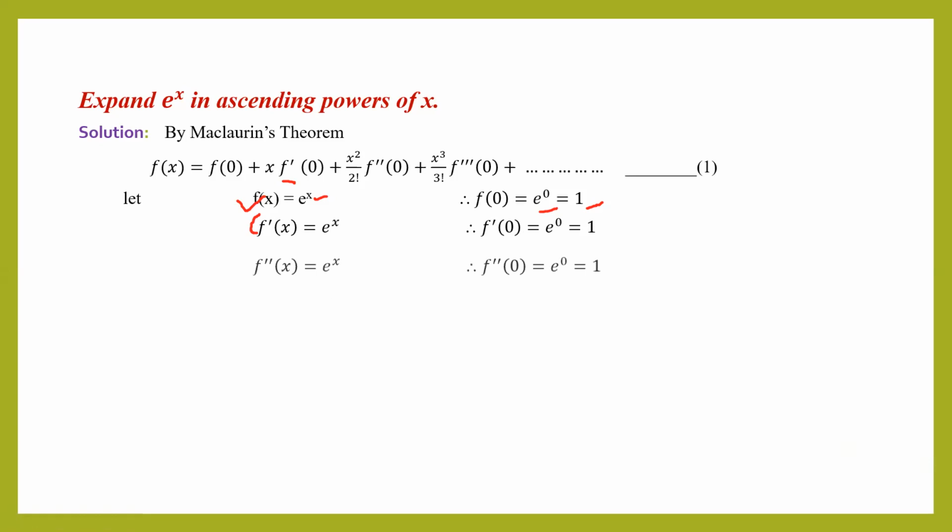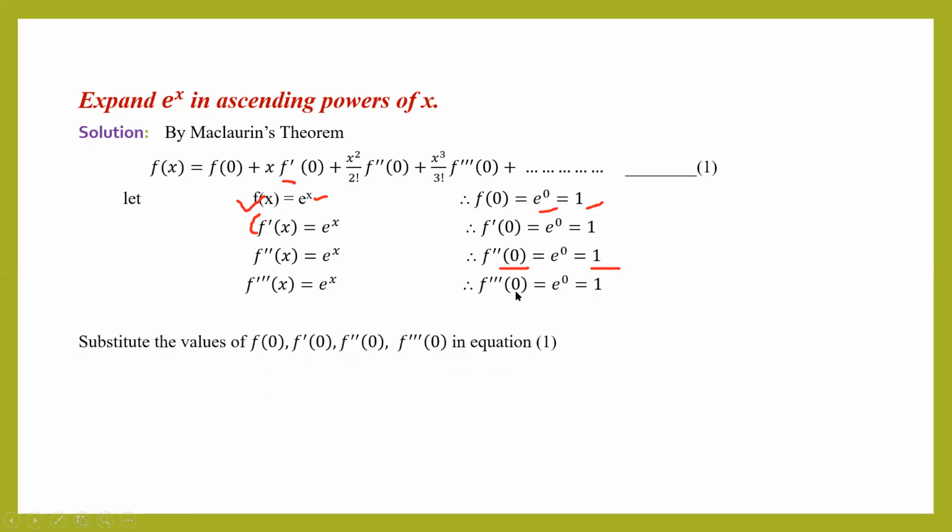Similarly, if you differentiate again with respect to x, the second derivative is e raised to x, and when we replace x by 0, we'll get the corresponding value as 1. If you differentiate it once again with respect to x, then the third derivative is e raised to x and the corresponding value at 0 is 1, and the process goes on.